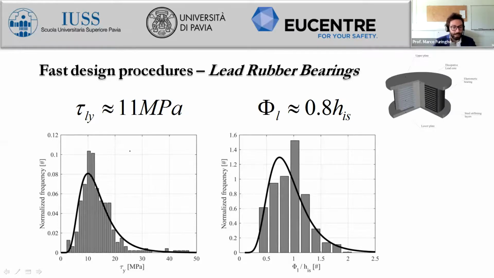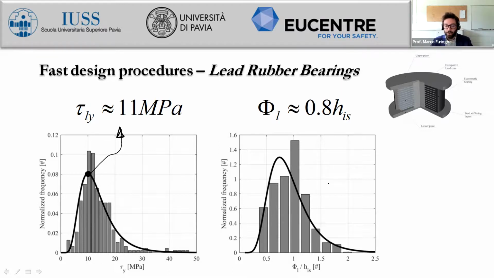And we see that again, the overall bar plot can be associated to a log normal distribution. Here maybe we have the highest R squared value for the best fit procedure. And the mode again is the reference value, which is directly related to 11 megapascals.